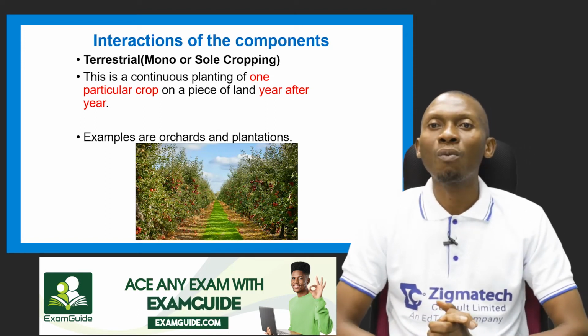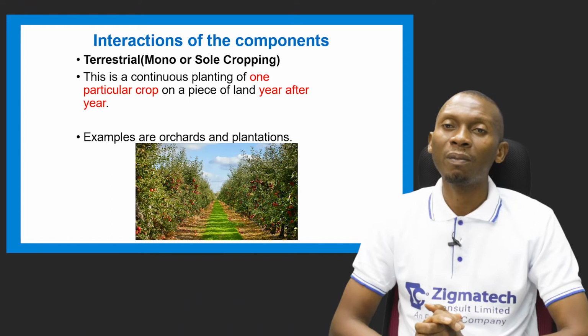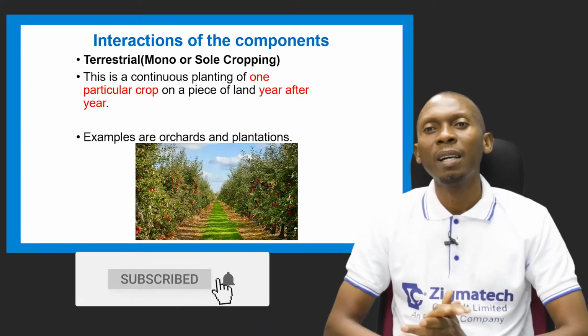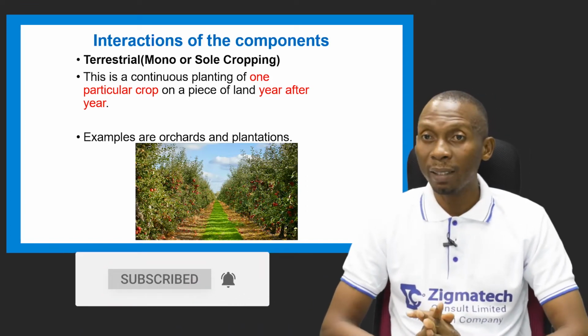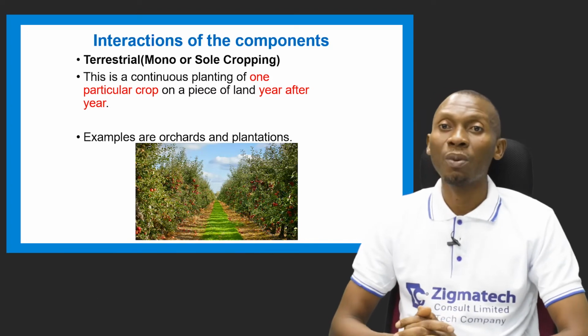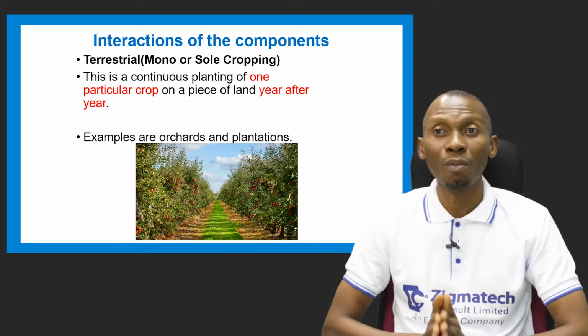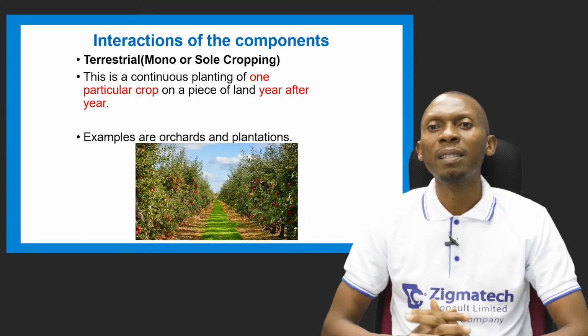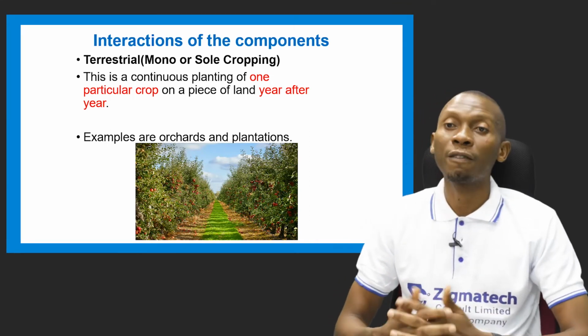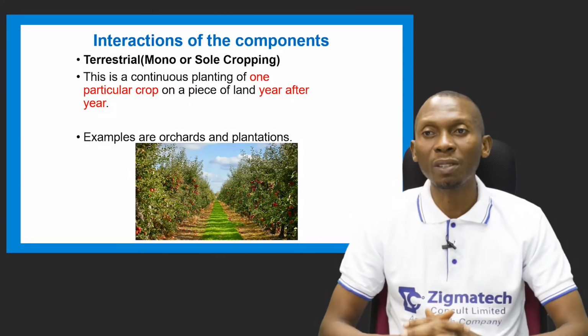An example of monocropping, which if done year after year can also become monoculture, especially if it's the same crop, is as seen in orchards, which are for growing of fruits, and plantations as well.